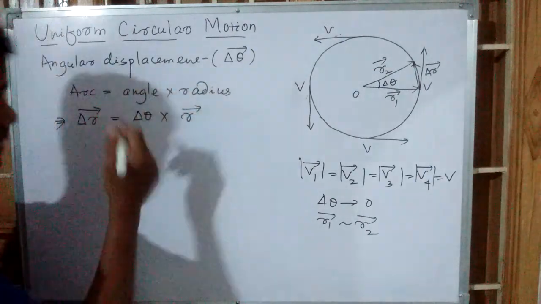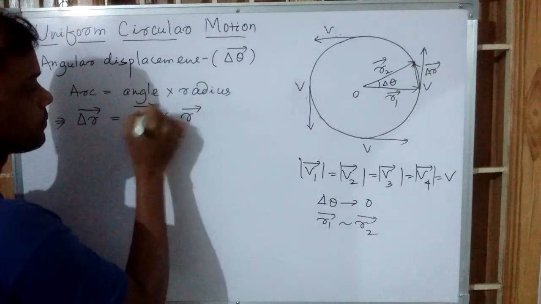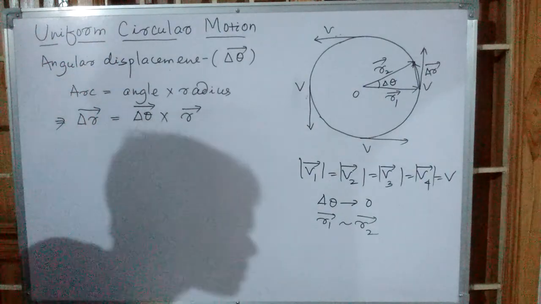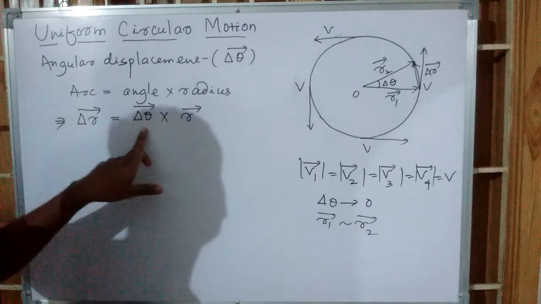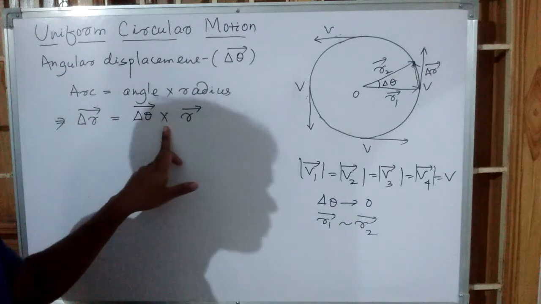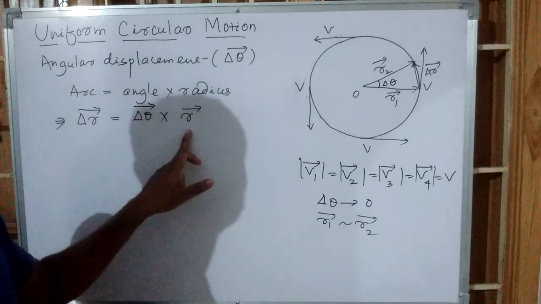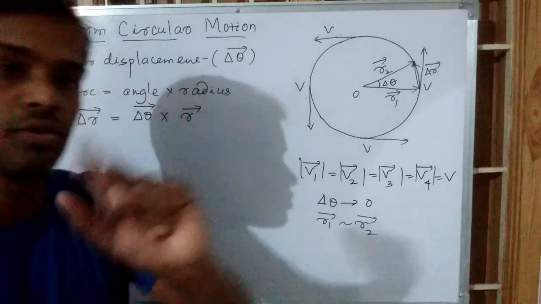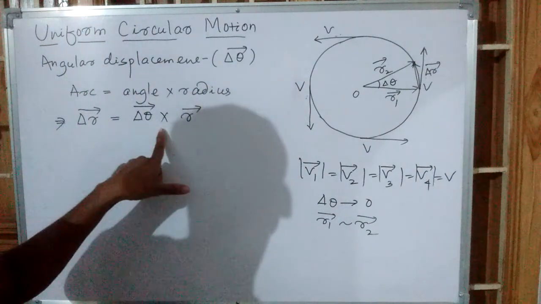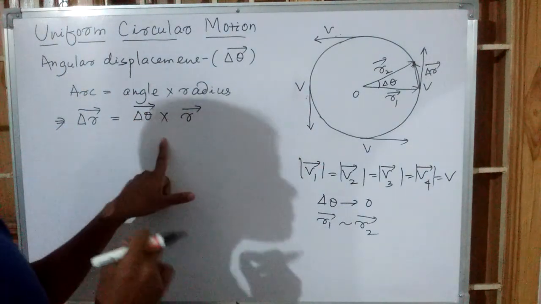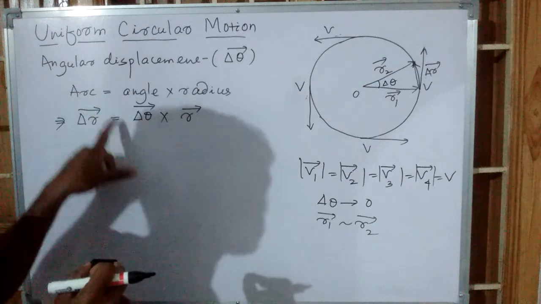So what if I put a vector sign here? If del theta is a vector, then what happens? We shall see. If del theta is a vector, then this is a cross product. We cannot simply multiply here, because two vectors can be multiplied in two ways. One is the dot product, another one is the cross product. Here you have to take the cross product because this is a vector.